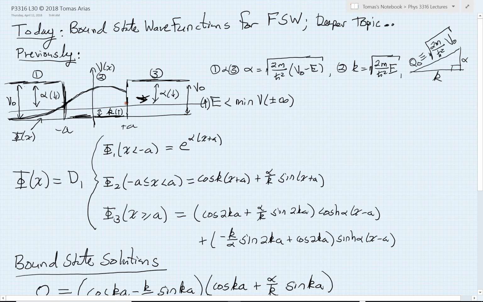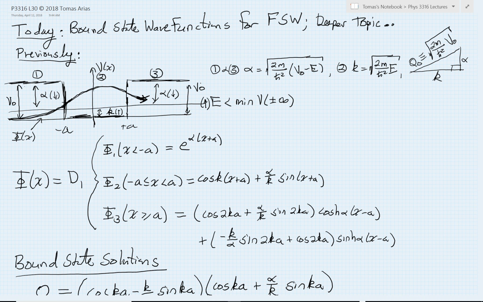And then what we concerned ourselves with was what conditions are necessary to ensure that I get a normalized wave function. What we found was that there were only certain energy values, equally well characterized by values of k, for which we actually have no exponential growth in region 3, and that determined which were the allowed solutions.